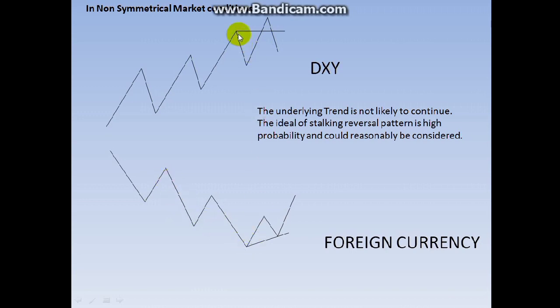Then in a scenario where we have the DXY trading higher, creating a higher high, but foreign currency failing to go below this previous old low right here, this is known as smart money SMT divergence. This is smart money heavily distributing, moving money from the dollar into foreign assets. So the probability of stalking a reversal in this kind of market situation is high.